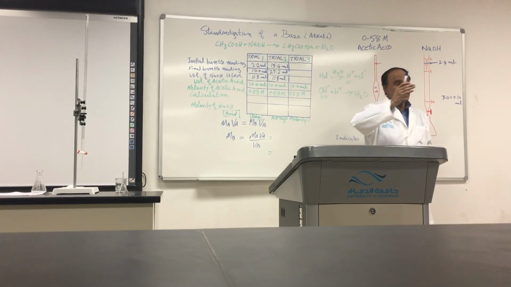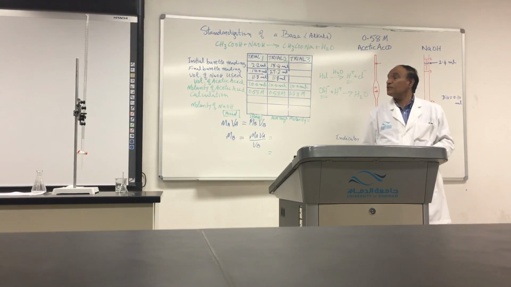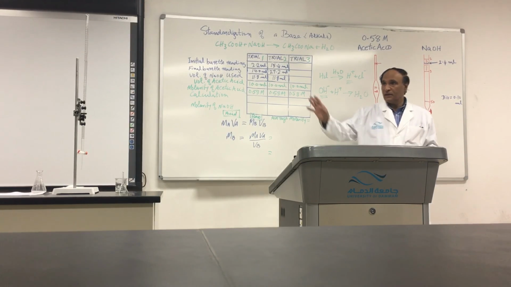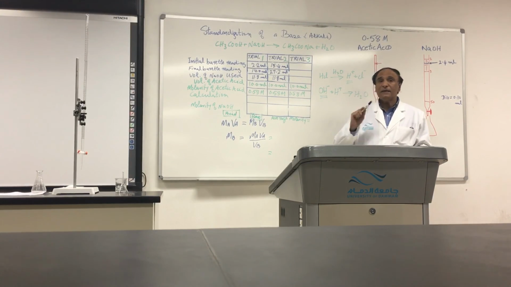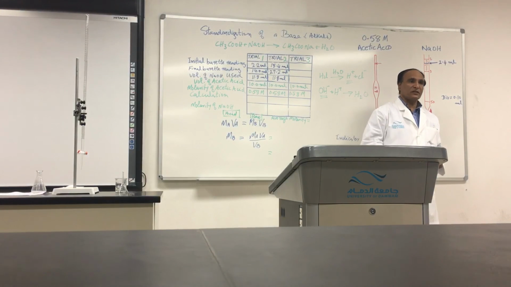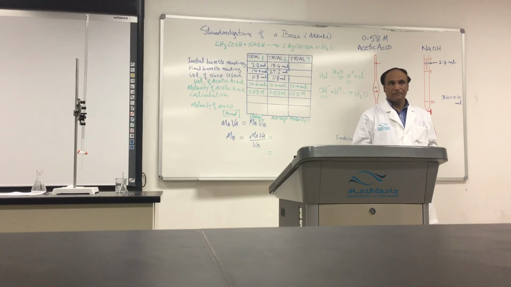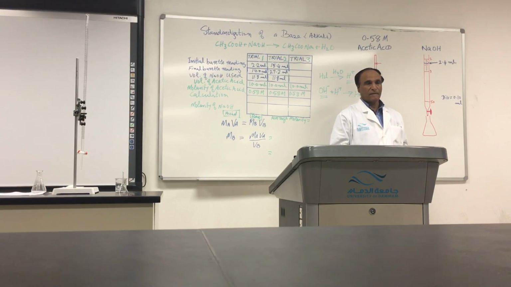Can you tell me, did you understand first of all what I did? Tell me why I did this calculation. I will see who is answering. Because the initial burette reading is according to NaOH.